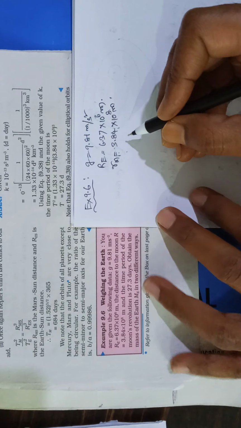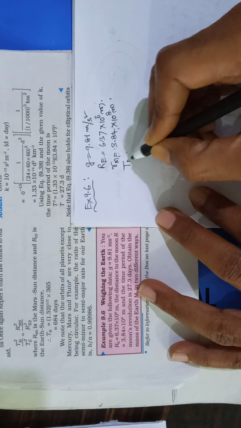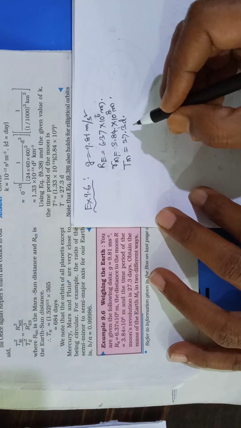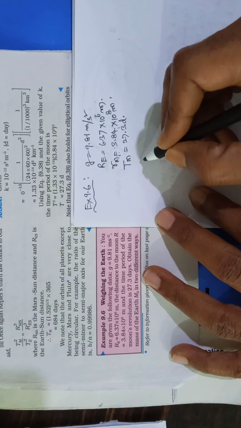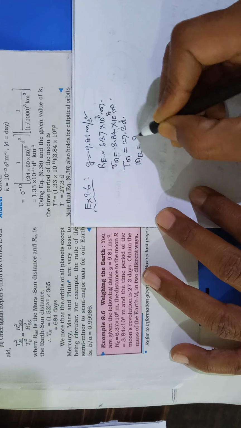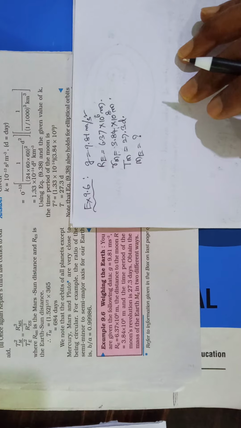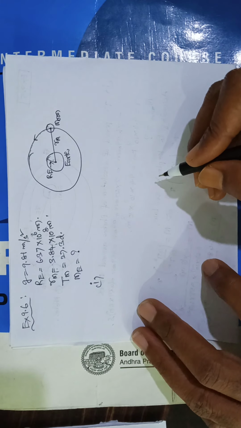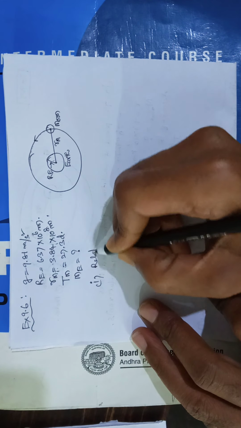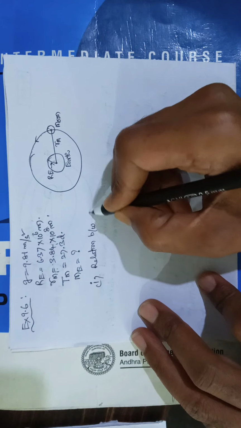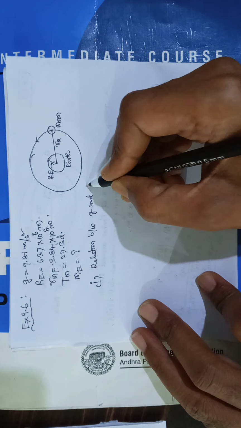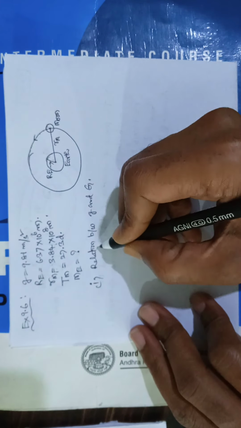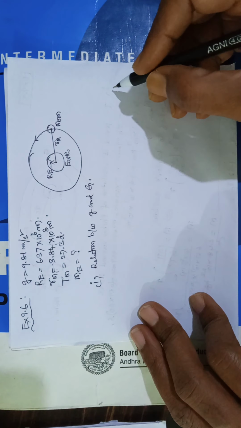And the time period of the Moon's revolution. Obtain the mass of the Earth in two different ways. So one method is the relation between small g and capital G, or let us write on the surface of Earth.